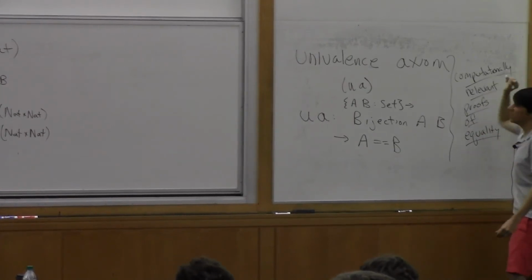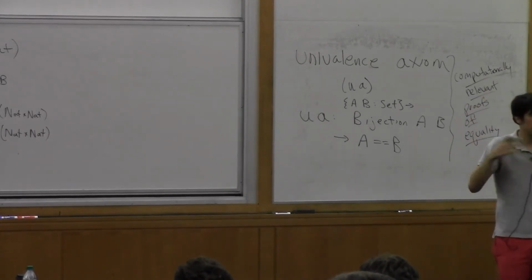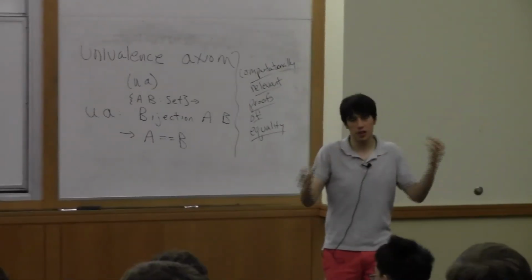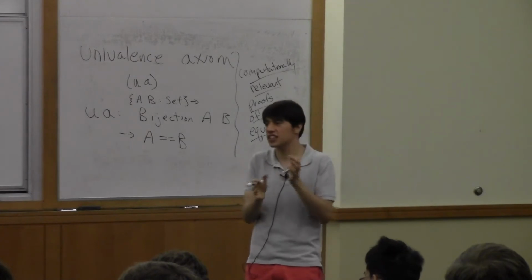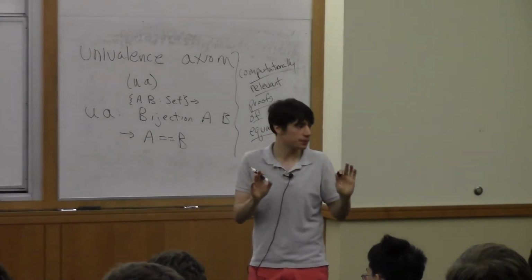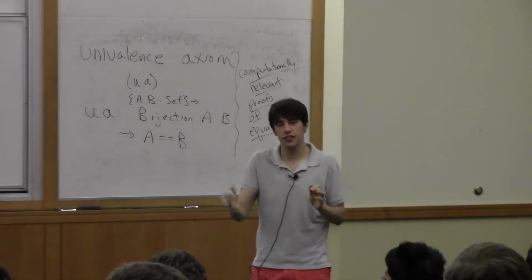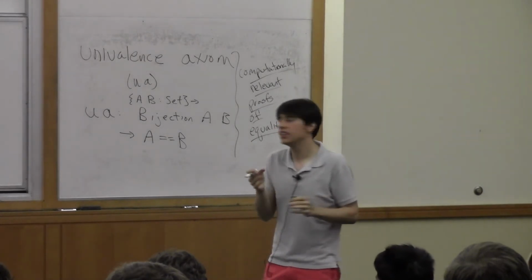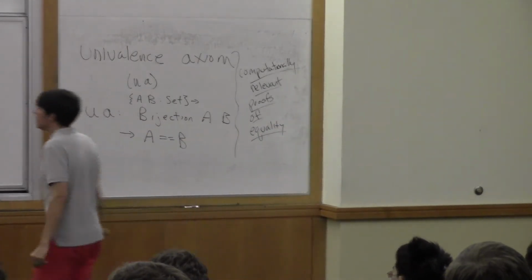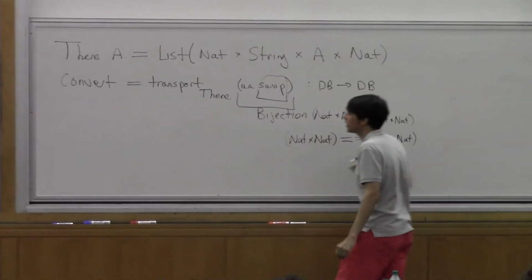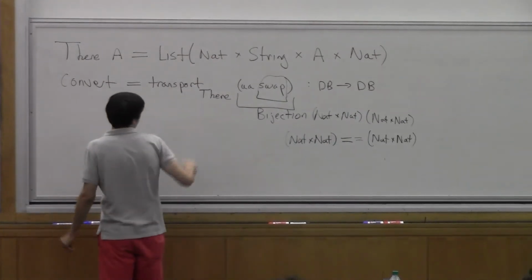So if you thought that equality had no content, it was just a mere proposition, it was just kind of a fact, not true anymore. Equality can have real computational content. And this is what this example shows. So we take this bijection, okay? Now what does transport there do?